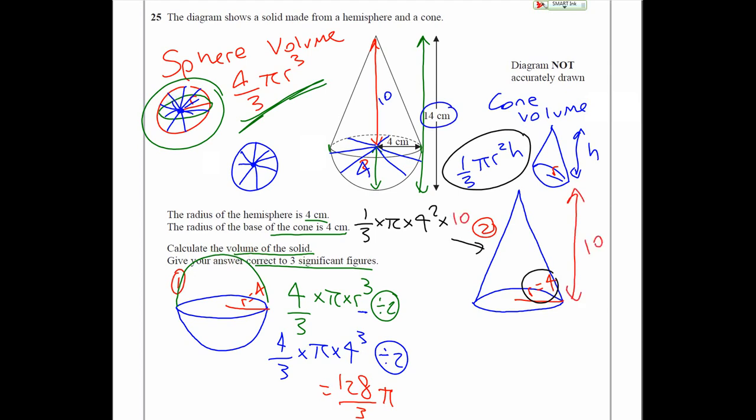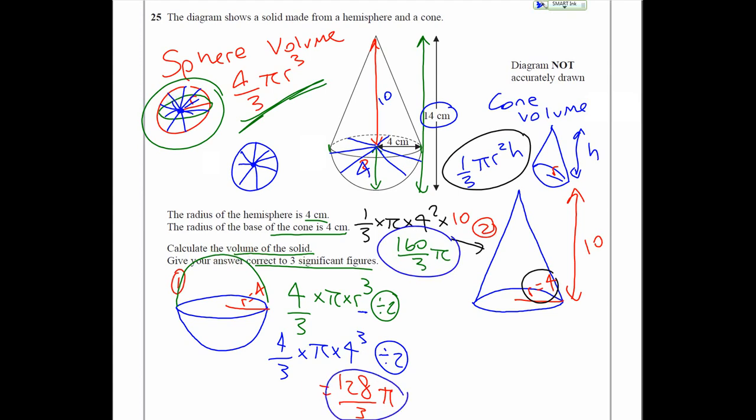So times by 10. Put that into your calculator. 1 over 3 times pi times 4 squared times 10. 160 over 3 pi. Do not worry if you're getting decimals. You're going to get the same answer as me in a second.